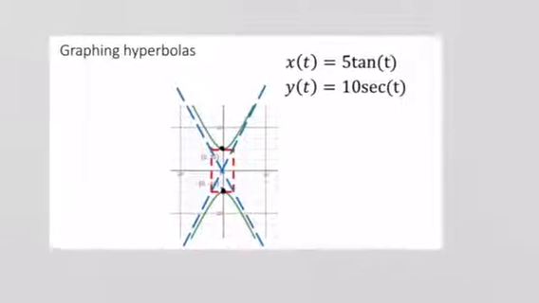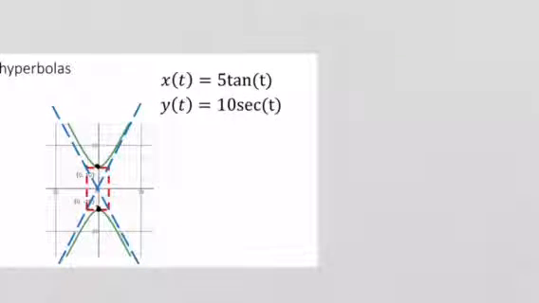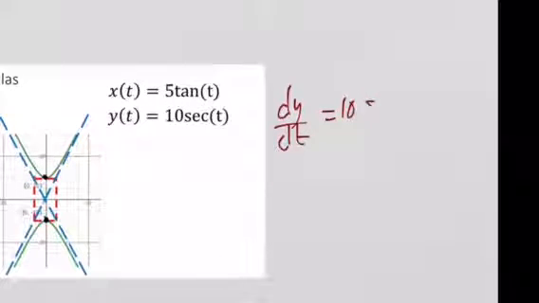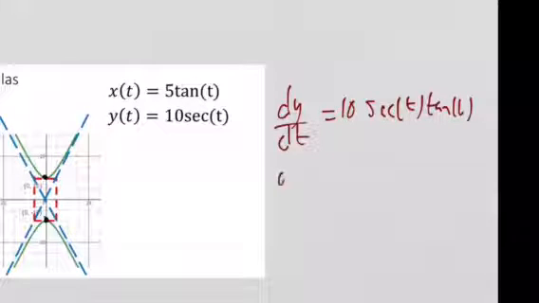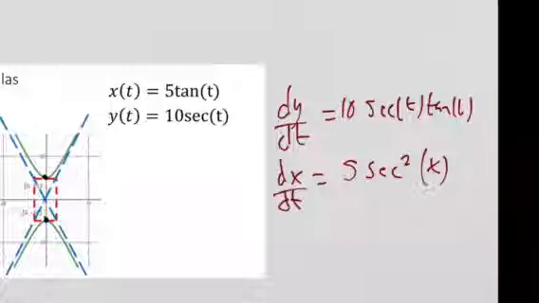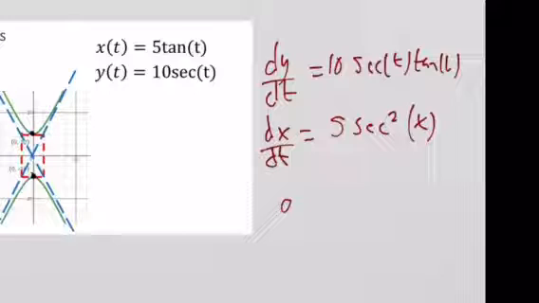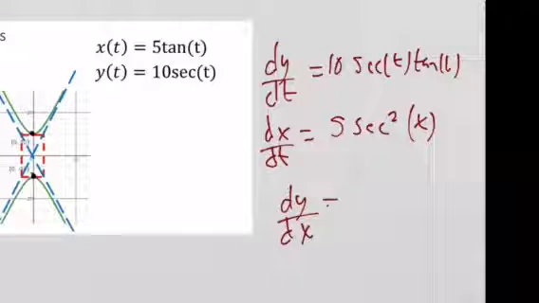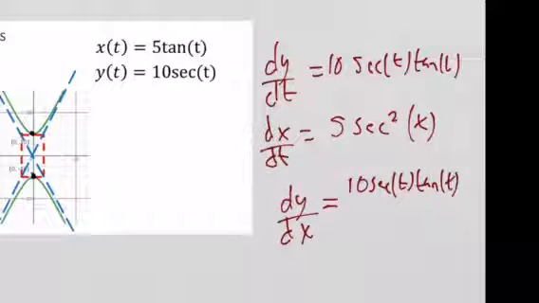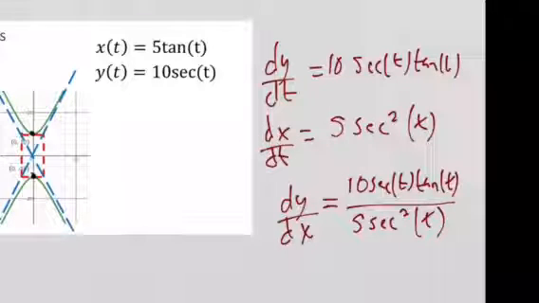But if we connect this to dy/dx, I know that dy/dt is 10 secant t tangent t, and I know that dx/dt is 5 secant squared. So when I divide them to get dy/dx, I get 10 secant t tangent t over 5 secant squared. This secant is going to cancel with one of those secants.